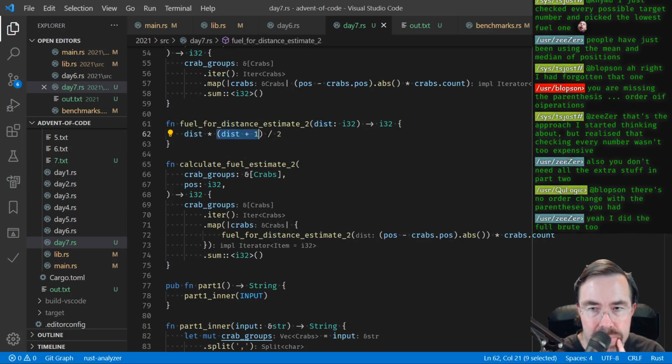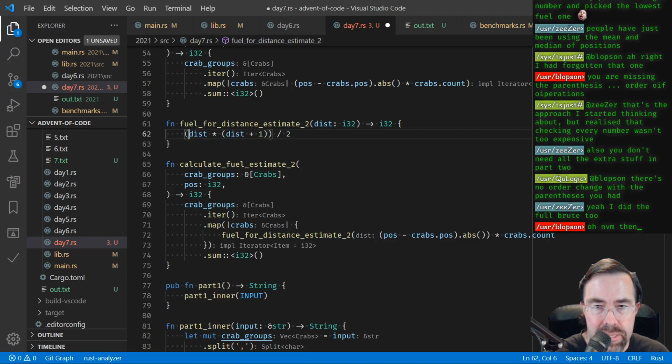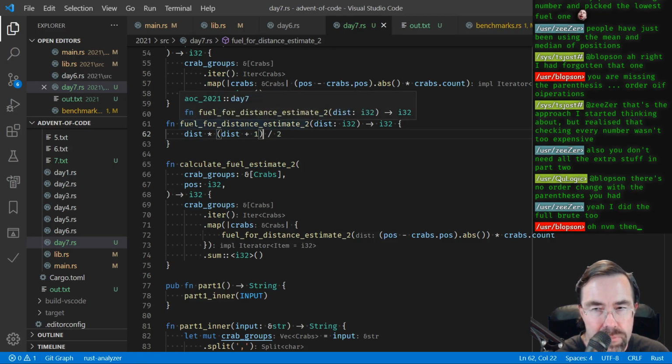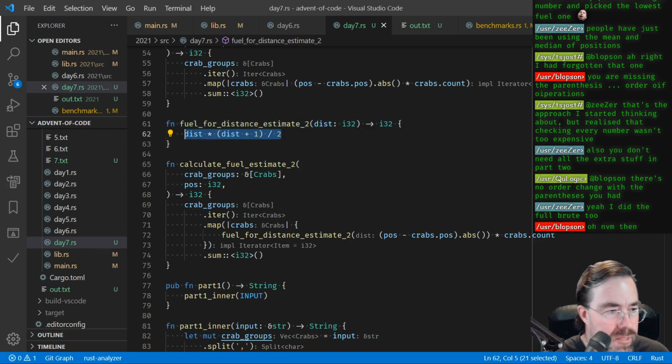N times n plus 1 all over 2. We don't need these parentheses because the order of operations in Rust is right associative, left, this is done first, and then that is done last. You did the brute force one too? There's no order change with the parentheses.